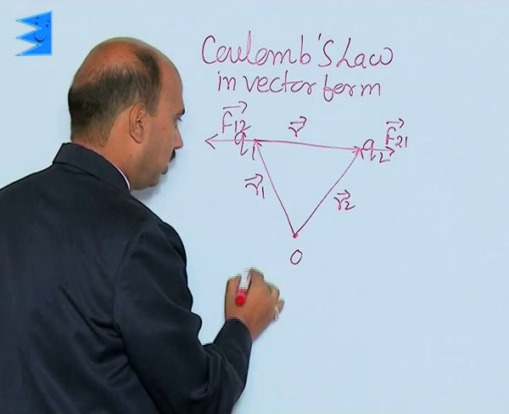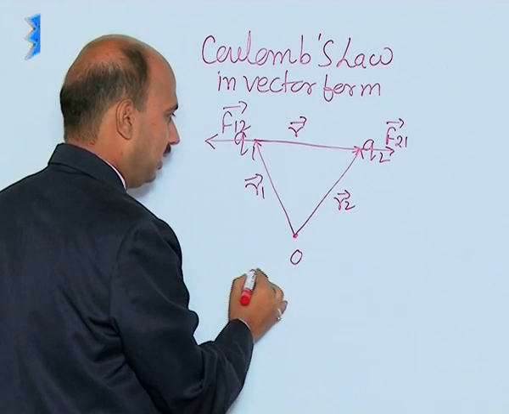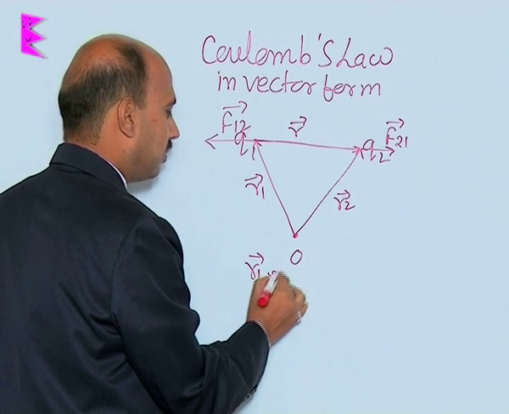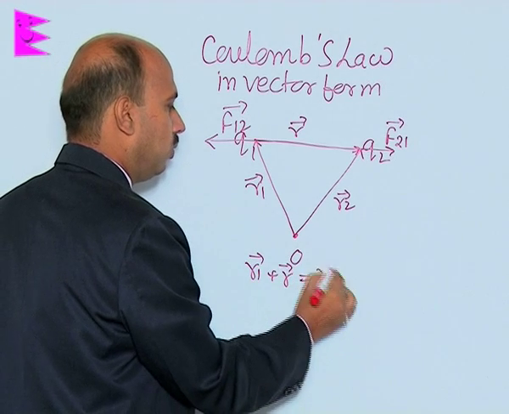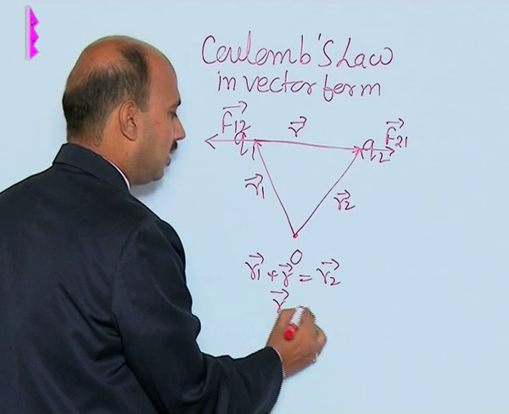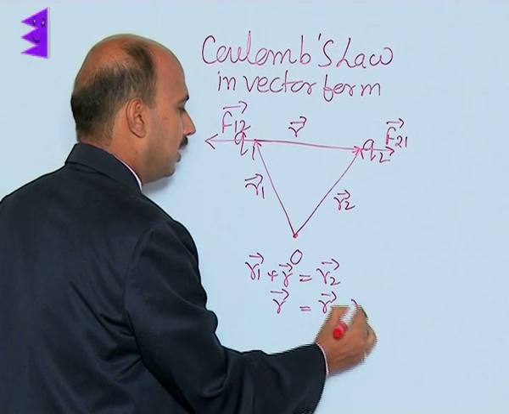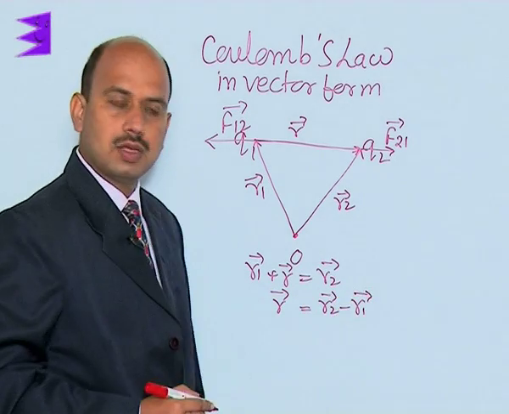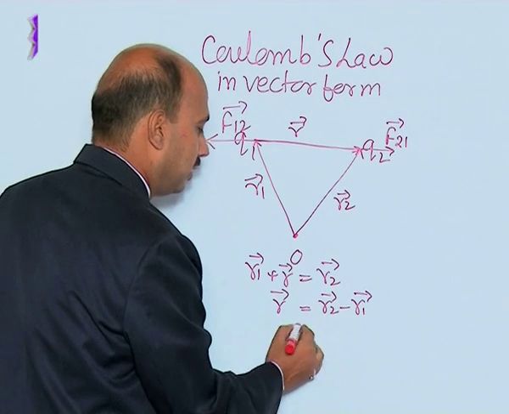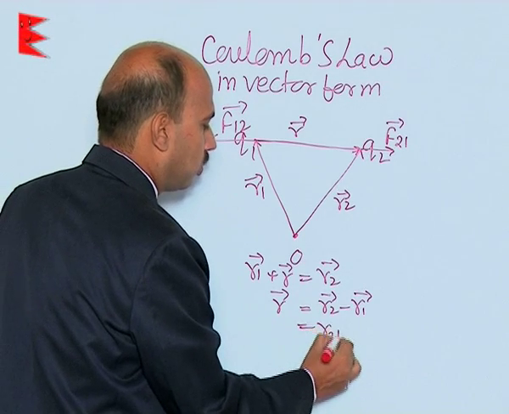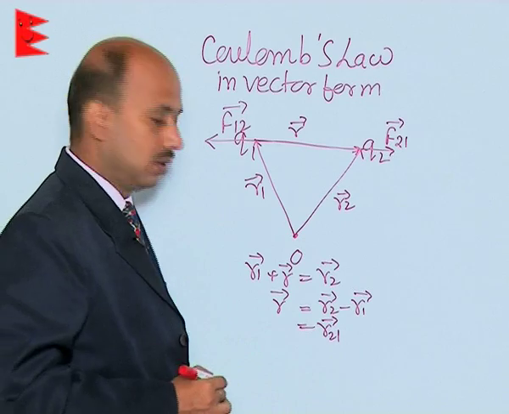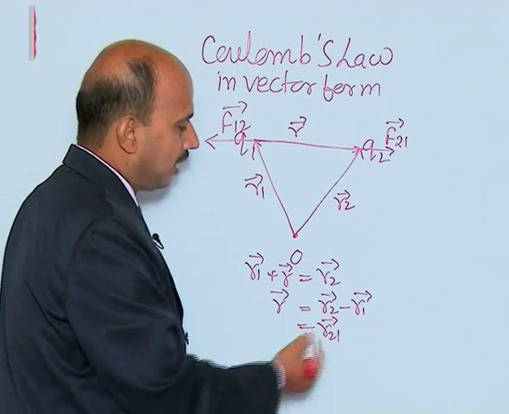According to the triangle law of vector addition, r1 plus r is equal to r2. So we can write vector r is equal to r2 minus r1. We can also write this vector r as r21, that is r2 minus r1 we write r21.